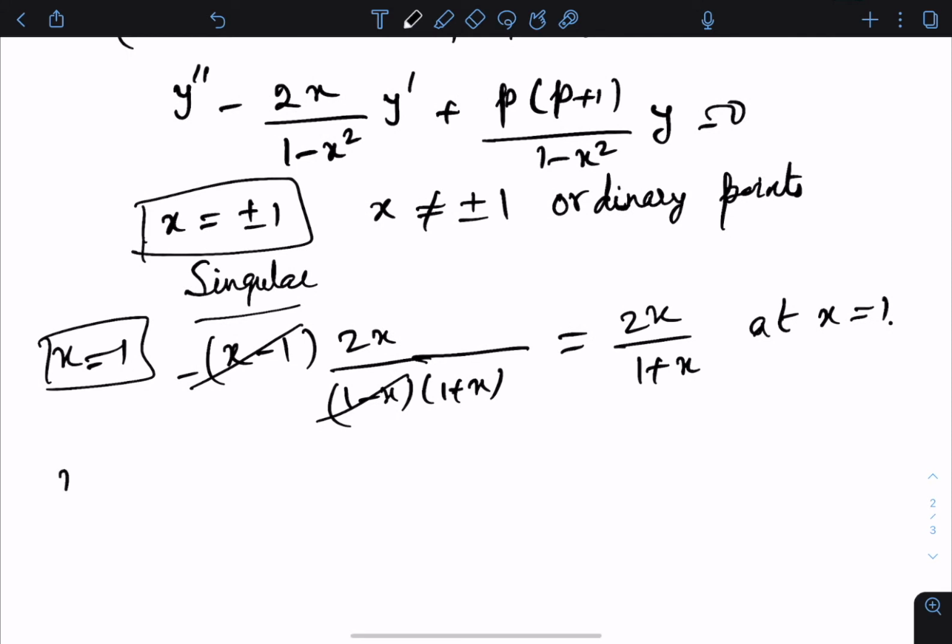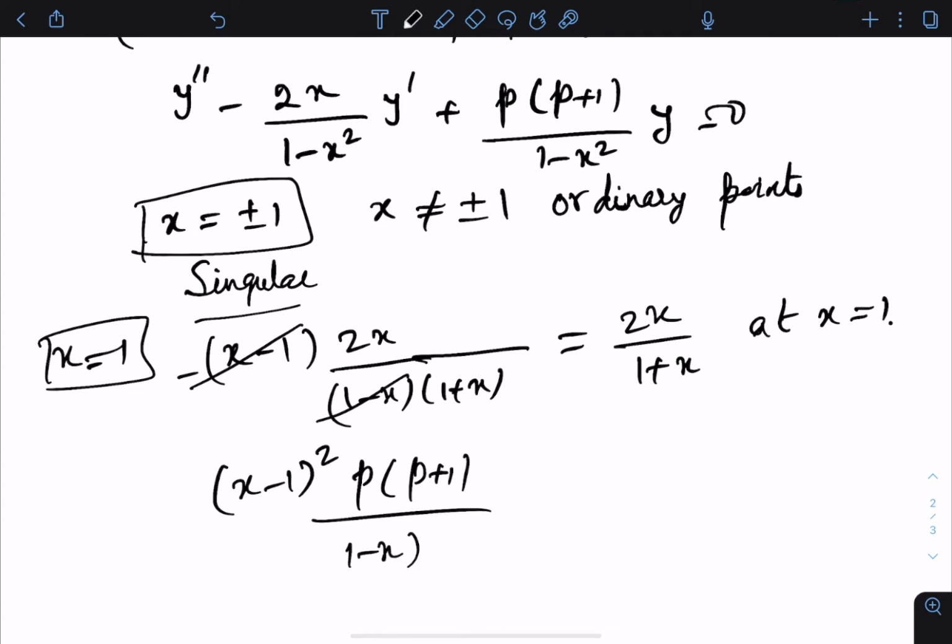Now what about the second one, that is this term. There you have to use (x minus 1) square times p(p plus 1) over (1 minus x)(1 plus x).